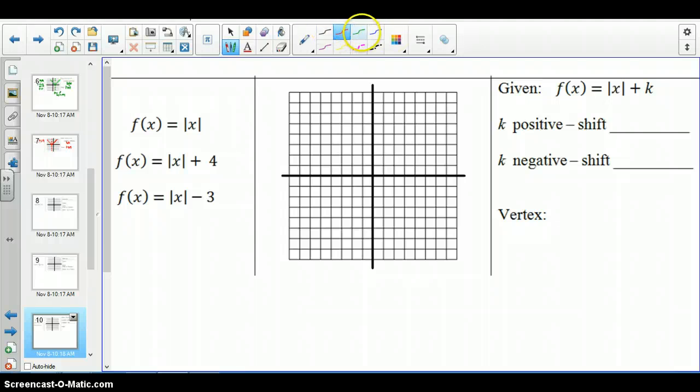Now, here, we have 3 of them we're going to graph. Absolute value of x. So we start here. 0, 0 is your vertex. So up 1 to the right one and up 1 to the left one.